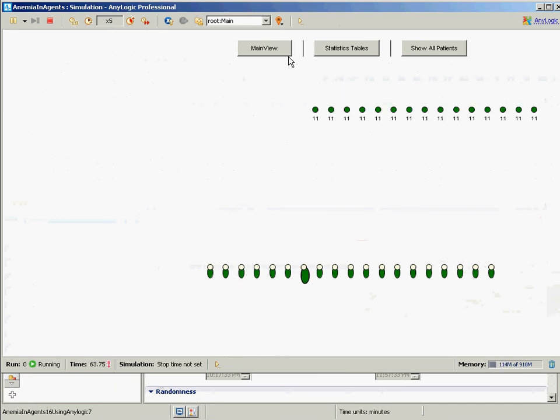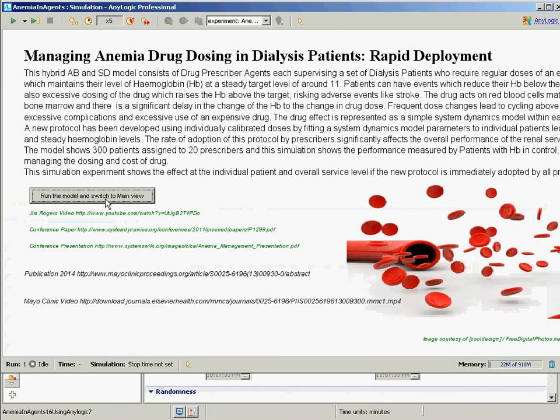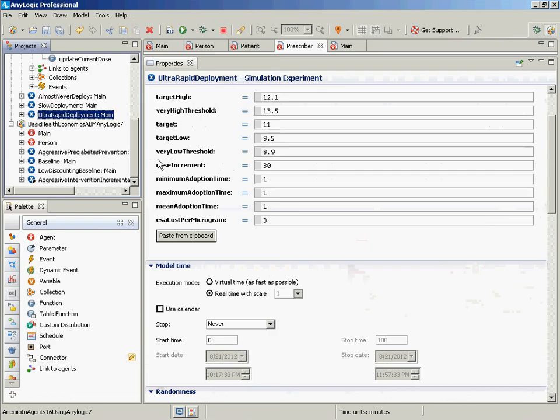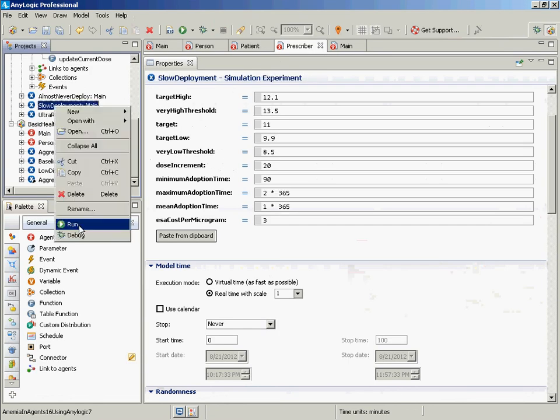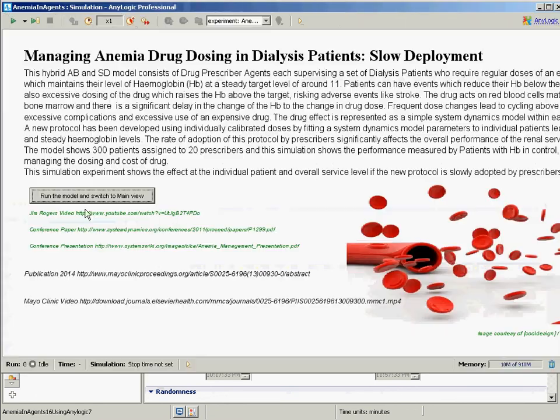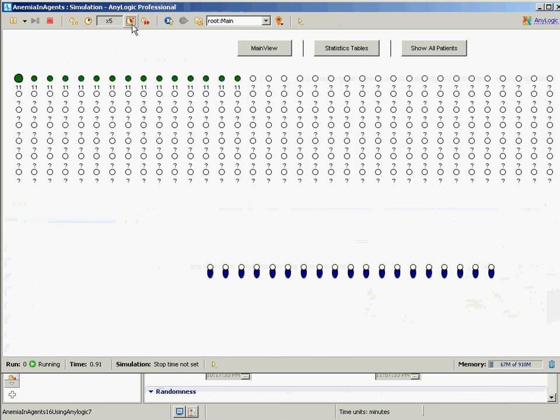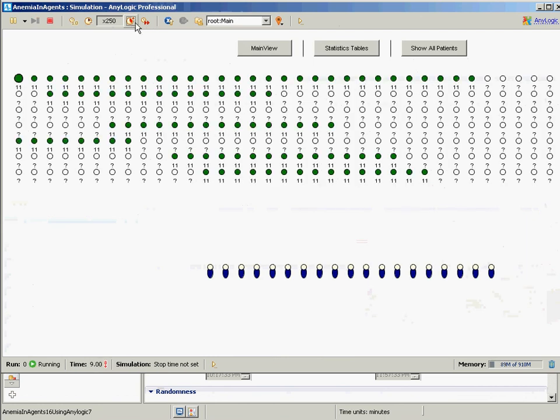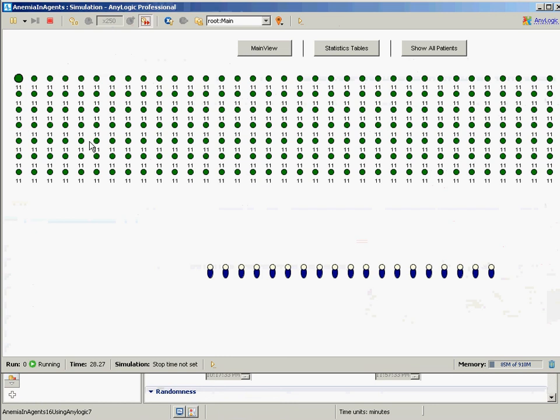Over time, I think patients start in pretty good shape, but then they start to become less well under control. After a few weeks' time or a few months' time, some of the prescribers have a mix of patients, some under control, some less so, and the patients not under control are requiring more of their time.